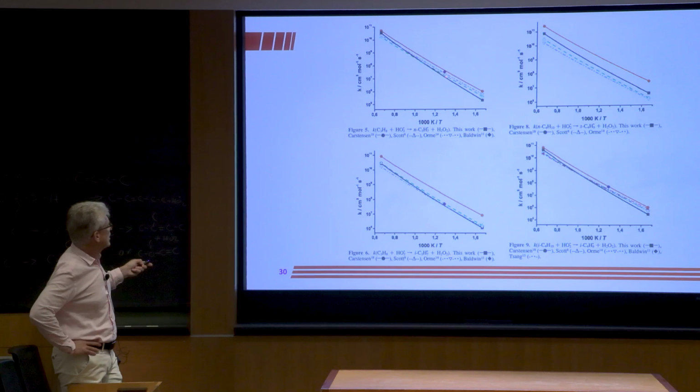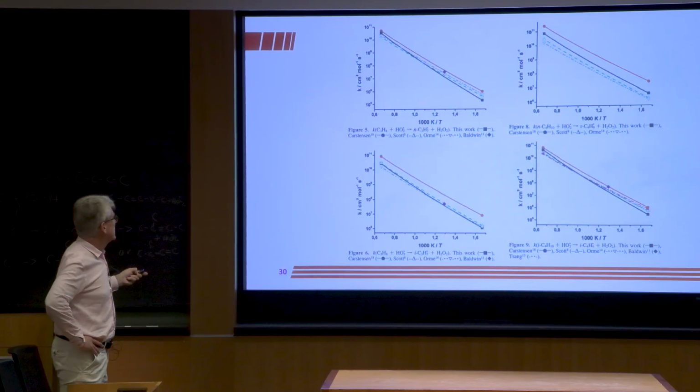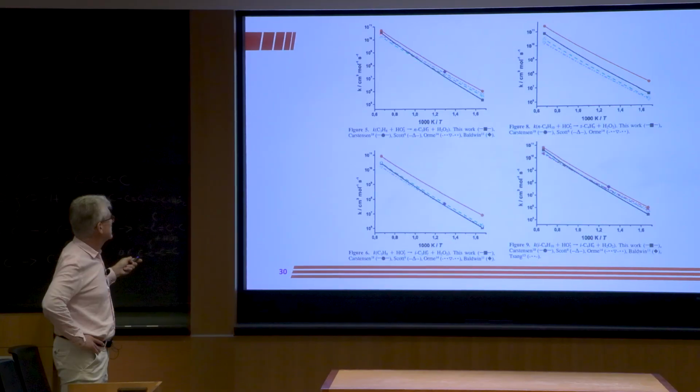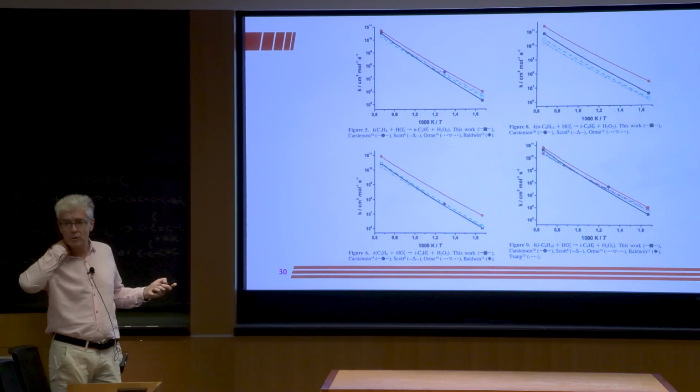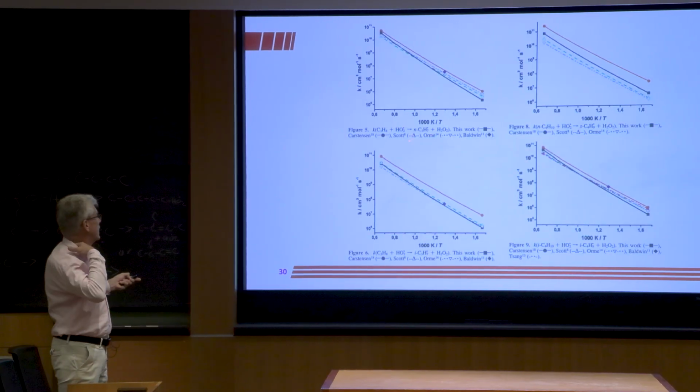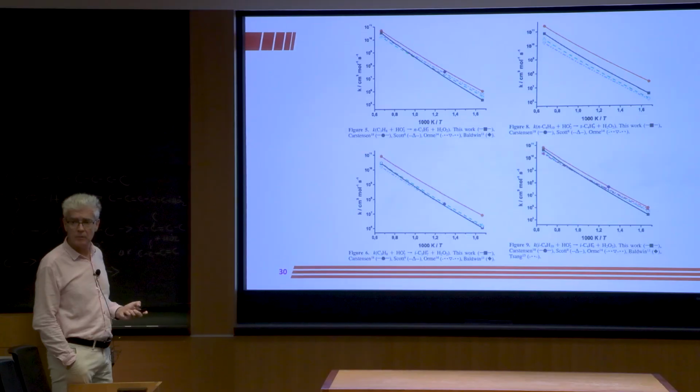Okay, so the point here is the Baldwin-Walker measurement, and then the solid line calculation here is from the work that I did with Wim Klopper's group in Karlsruhe. The red line calculation is from Carstensen and Dean, okay? And actually, for primary fuel plus HO2, they're faster than we are, right?